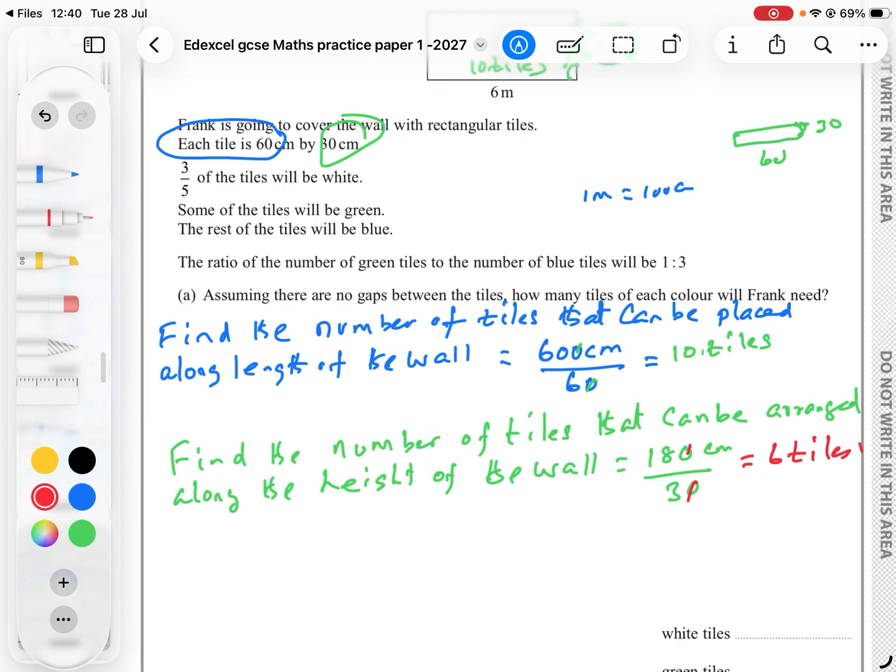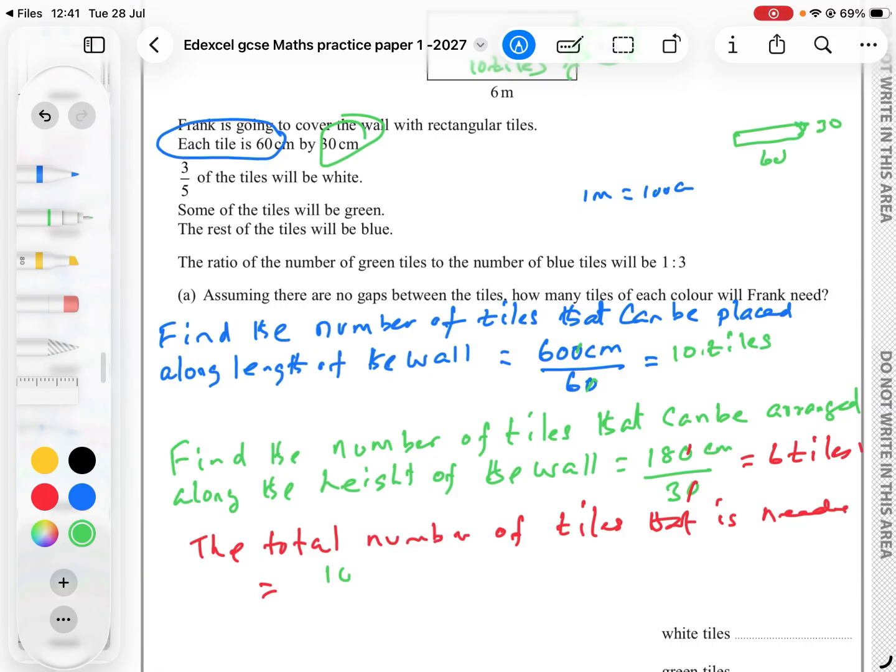So the total number of tiles that is needed equals 10 times 6, you need 60 tiles.